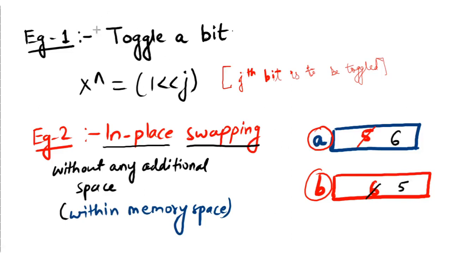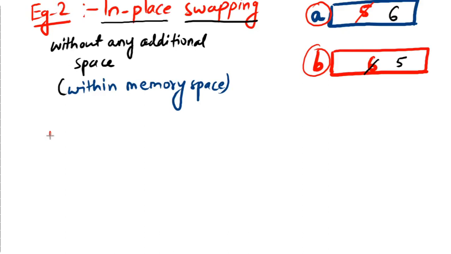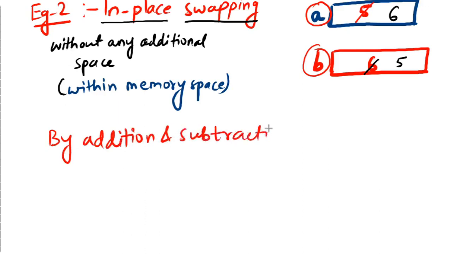Now first let us try to solve it by using addition and subtraction. How will swapping take place by using addition and subtraction? Consider these two values, A is 6 and B is 5.